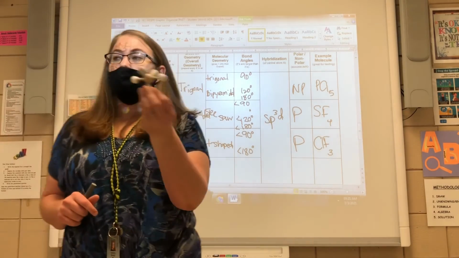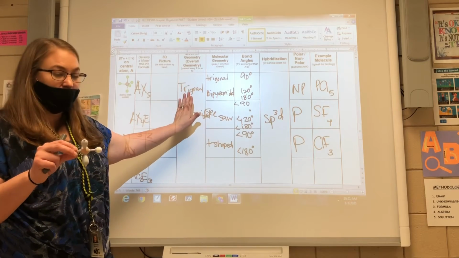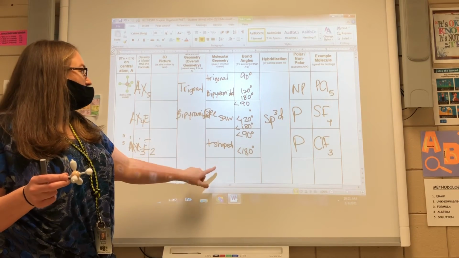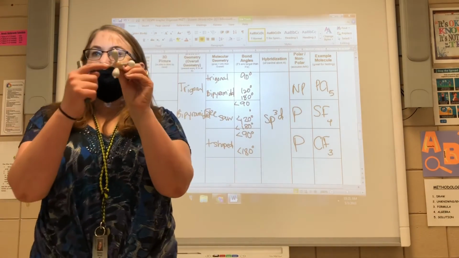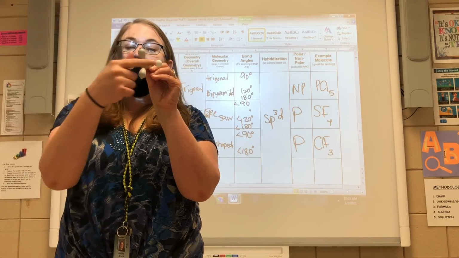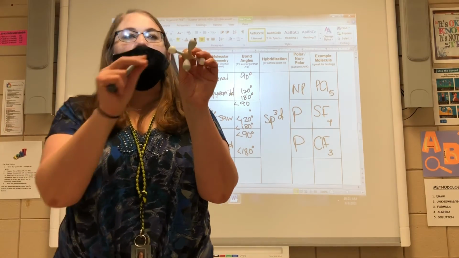What's our shape here? Our overall shape is still the same, the trigonal bipyramidal. But what is our molecular shape of just the atoms? What'd you say? Linear. It's a straight line. Have two white and one beige.